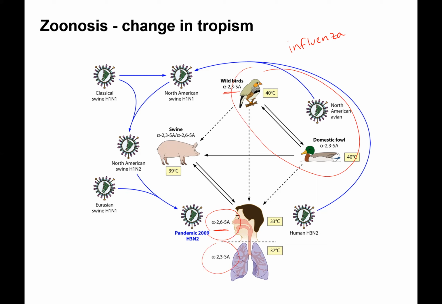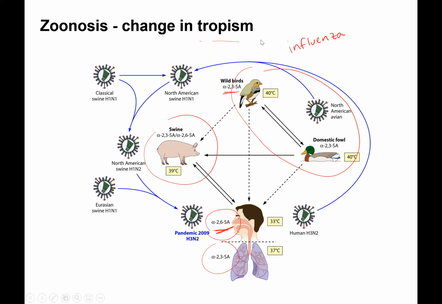So most human influenza viruses are using the 2,6 receptor, but you can get recombination in little piggies, which have both receptors, and so they can make new genetic combinations and change that tropism from being something that was tropic to birds or tropic to swine to being tropic to humans. That's all focused on receptors.